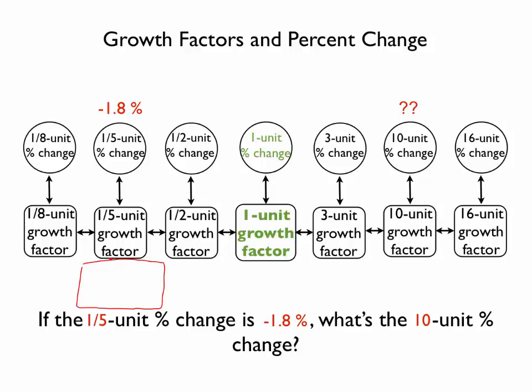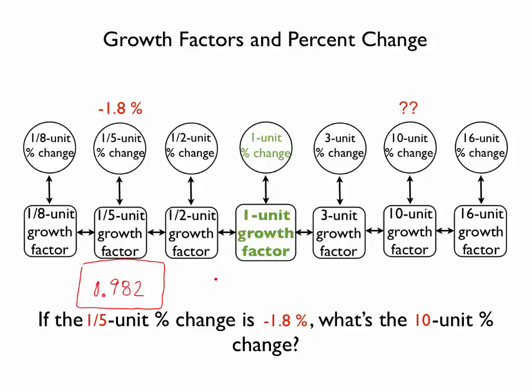Did you get that? 0.982. Agree? That's it. That's the 1/5 unit growth factor. Because if you're decreasing by 1.8%, that means you're keeping 98.2%. And so then the factor would be 0.982. Okay?